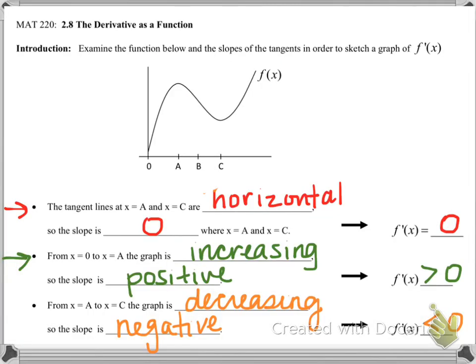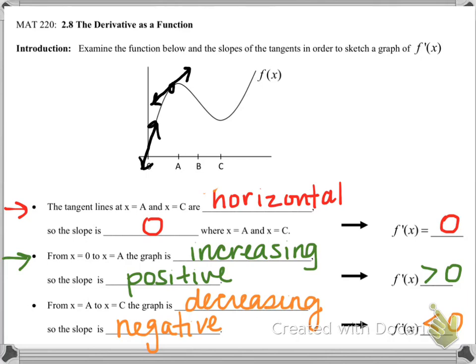So I'll go back to the original function, and let's take a look at the tangent lines at the beginning of the function. If you were to draw in your tangent line somewhere near the beginning, it might look like this. That's a pretty steep line, so the slope there is not only positive, but a fairly large number. Whereas if I analyze a point a little bit closer to the maximum, again imagining that you're driving your car, maybe you're right here, my tangent line still has a positive slope, but it's not as steep, so the slope is smaller than it was before.